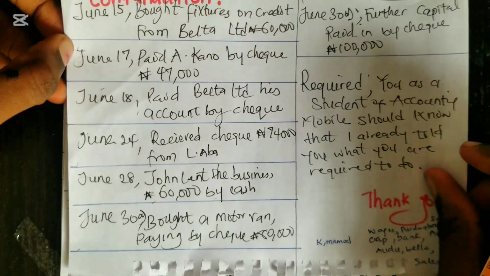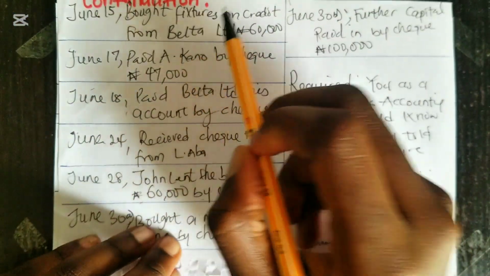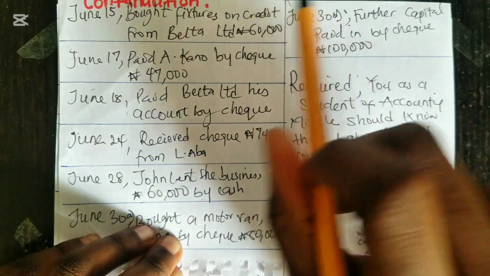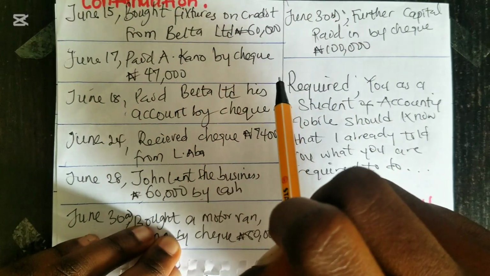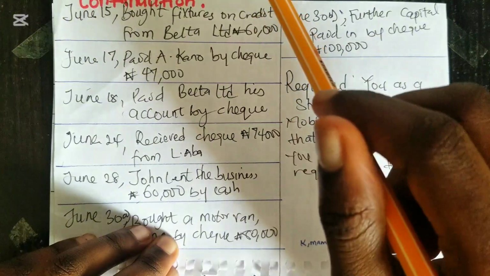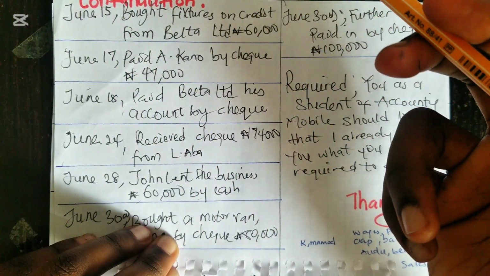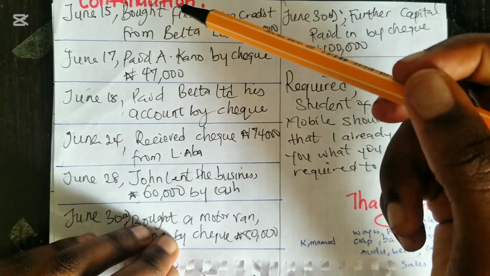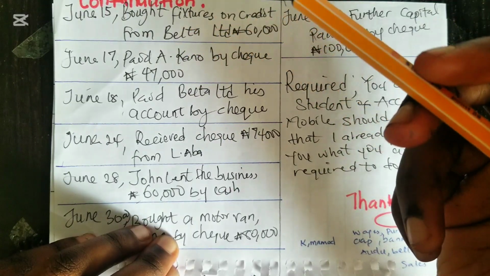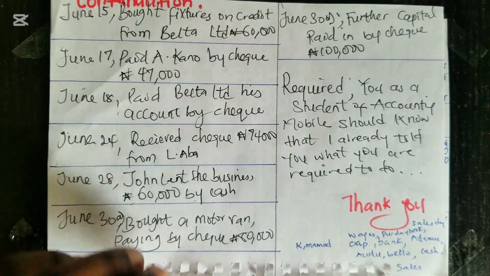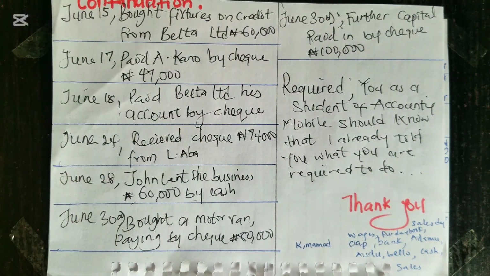Our June 15. Bought fixtures on credit from Belta Limited, 60,000 naira. So that means Belta Limited now is giving furnitures to us. Do you understand? So now because goods are being bought on credit, we are going to prepare a purchases day book.